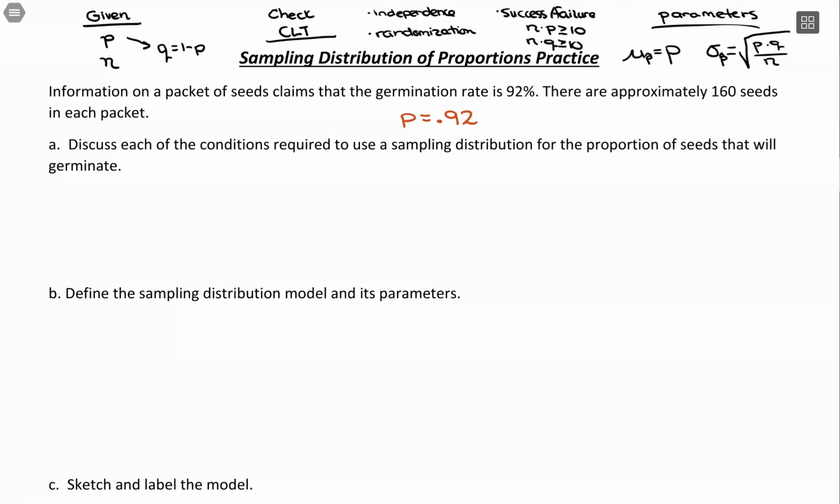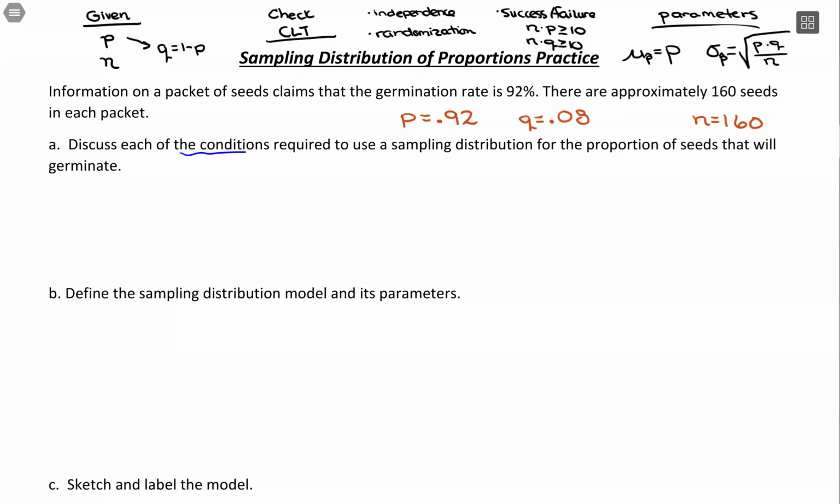And if you have P, you might as well write Q down because that'll be helpful in our central limit theorem. So 1 minus 0.92, which is 0.08. And then we're looking at a packet of seeds, so a sample size of 160. Discuss each of the conditions required to use a sampling distribution for the proportion of seeds that will germinate.